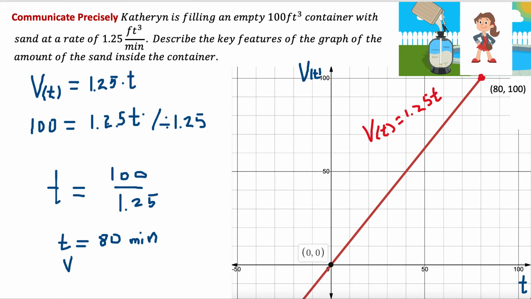So V of t is going to be equal to 100 cubic feet.